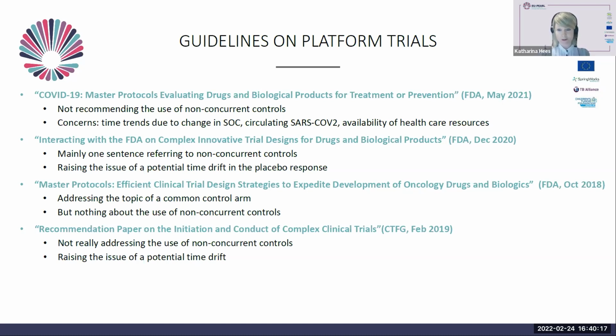There's also the FDA guideline on complex clinical trials, as well as the overarching master protocols FDA guideline. The only available European document is the CTFG recommendation paper on the initiation and conduct of complex clinical trials, which was published in February 2019.